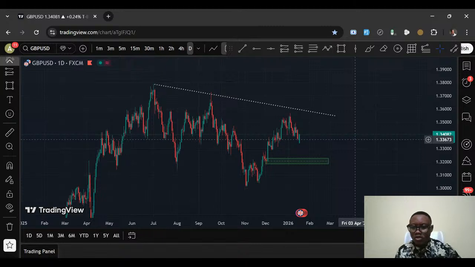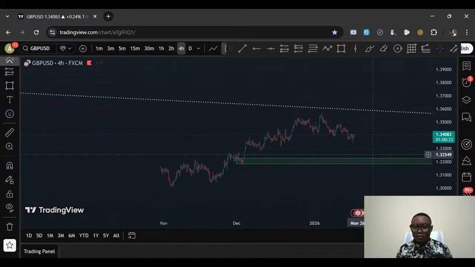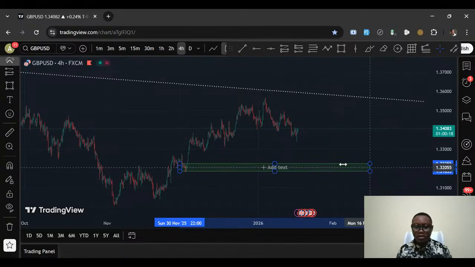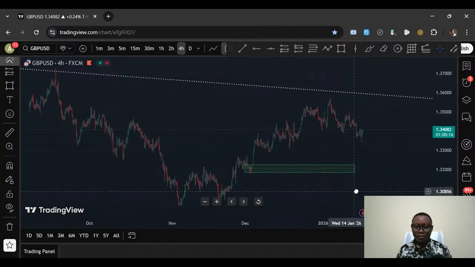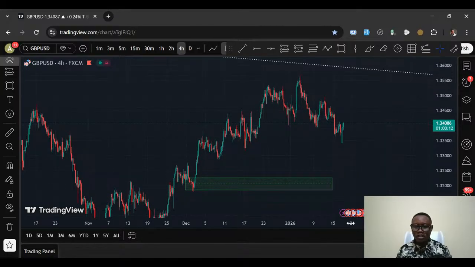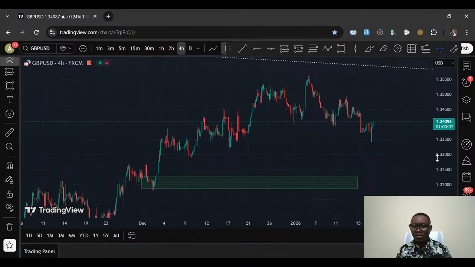All right. So let's drill down to the 4H time frame to further refine the zone as well as identify other zones. So on the 4H time frame, let's identify other block zones.